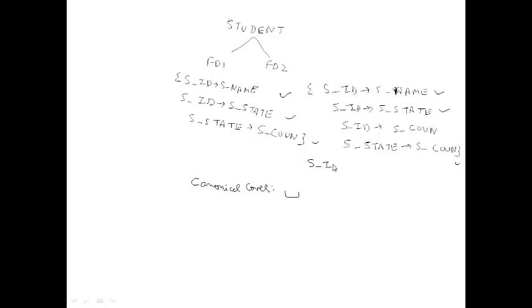The SID closure using FD1 is SID, S name, S state and S country. That means using SID I can determine S country using FD1, so this FD is also present in FD1. This means all FDs are present in each other, and these two FD sets are equivalent. So the canonical cover is FD1 because it has the minimum number of FDs.